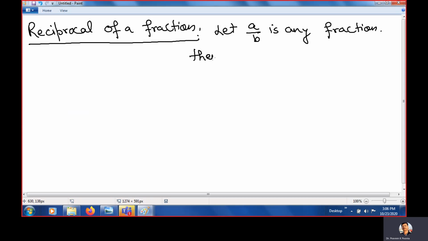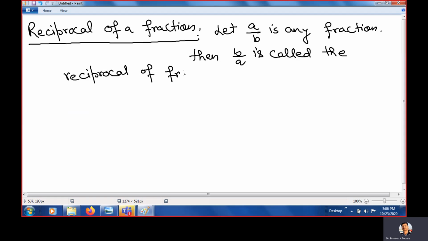Then B upon A, which means the numerator and denominator are interchanged, the numerator changes into the denominator and the denominator changes into the numerator, B upon A is called the reciprocal of the fraction.